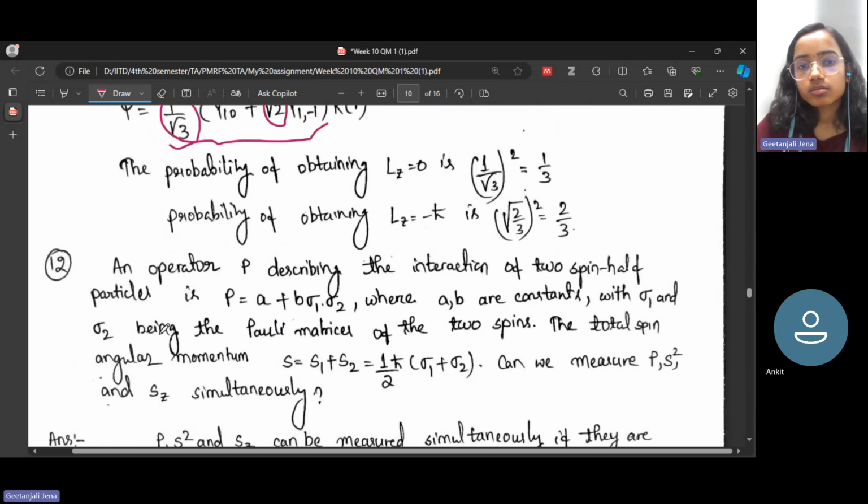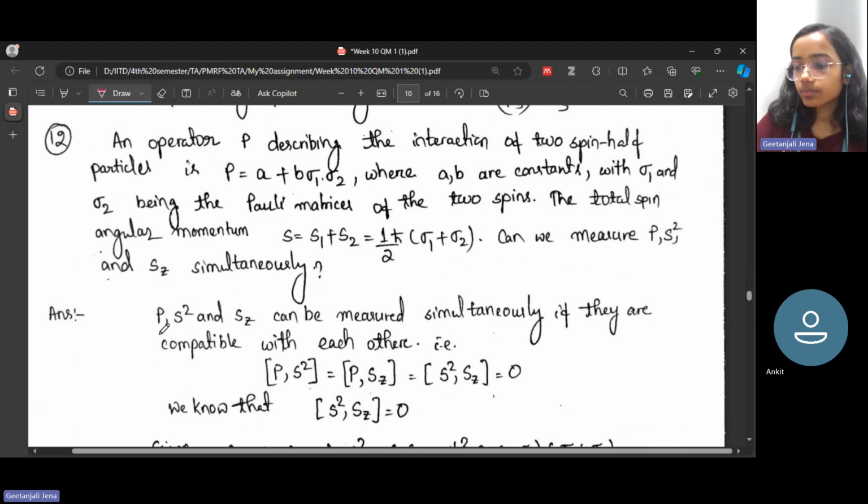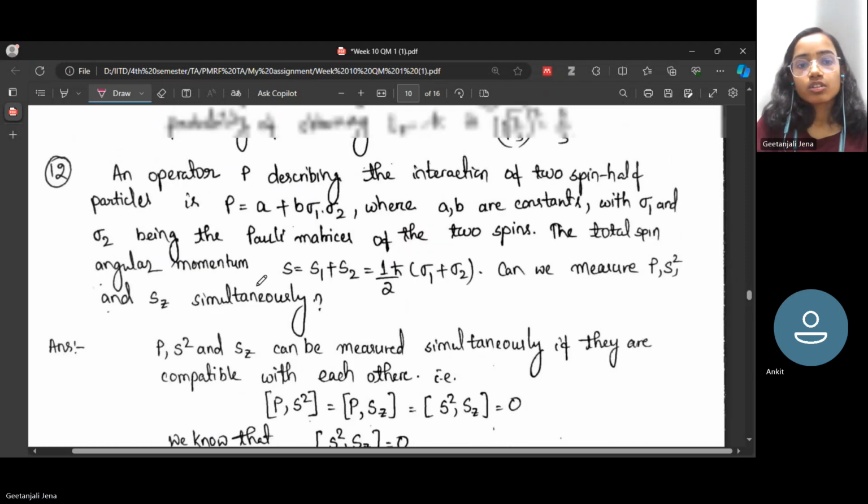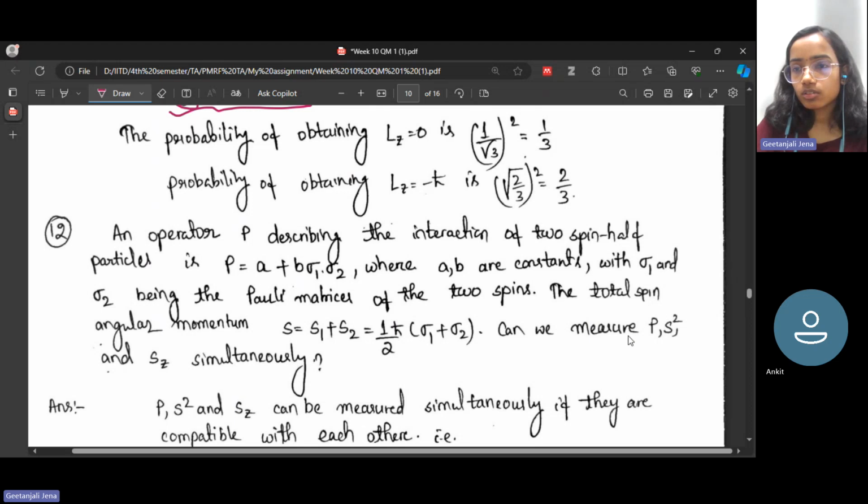So now let us move to the next problem. The next problem is based on Pauli matrix also. So let me read out the question for you.